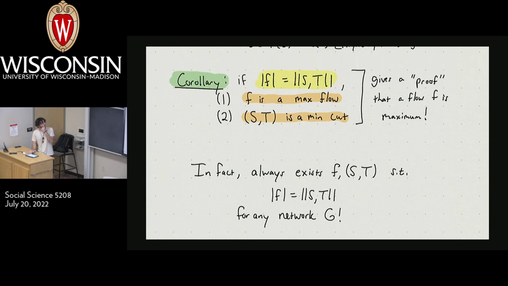So not only is this true, so remember this is a conditional statement. It says if you gave me both these quantities, then I know F is a max flow. But that doesn't mean those have to exist. Maybe in every graph, every flow is small and every cut's huge and they never intersect.